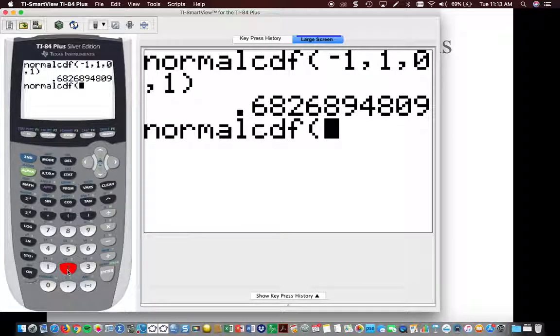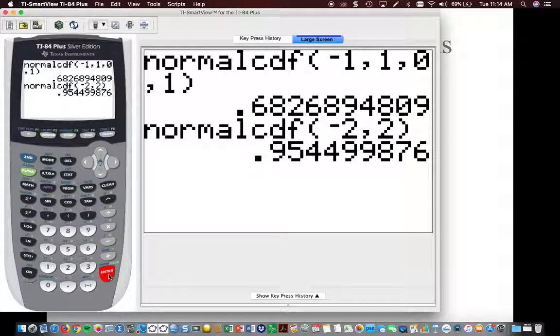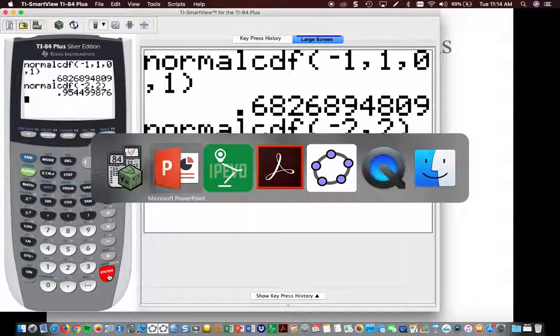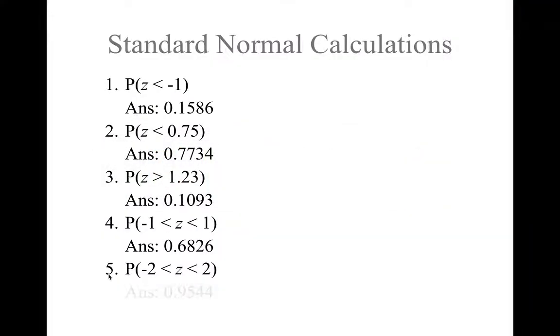What I need to know is the lower bound and the upper bound, so I'm just going to put in -2, then a comma, which is right above the 7, and then +2 and close the parenthesis, and the calculator will give me the probability that z is between -2 and +2. It's about 95%. So that makes it pretty easy with the calculator.